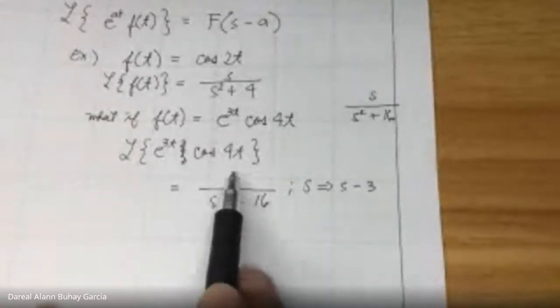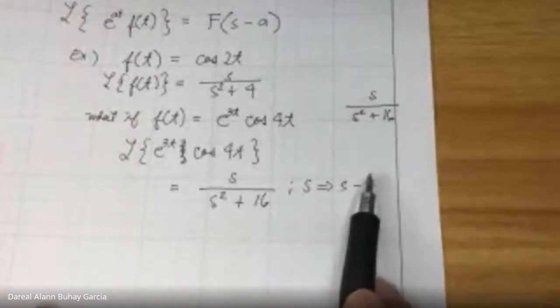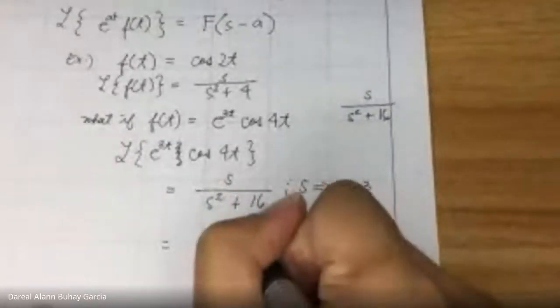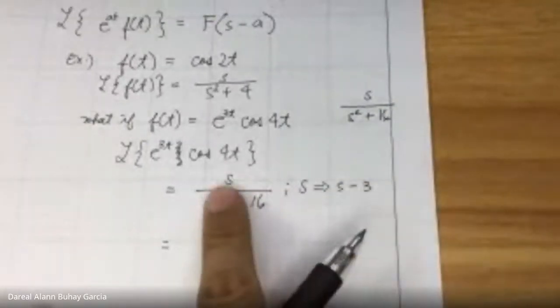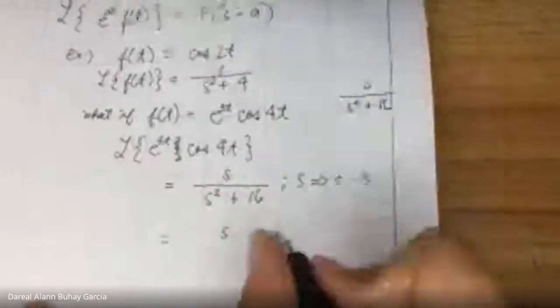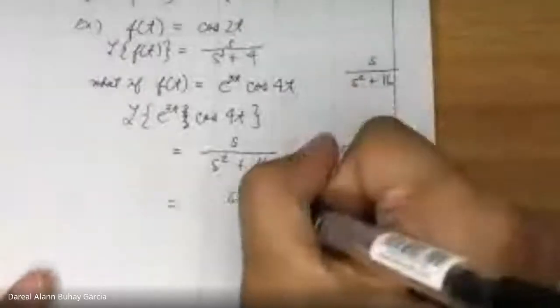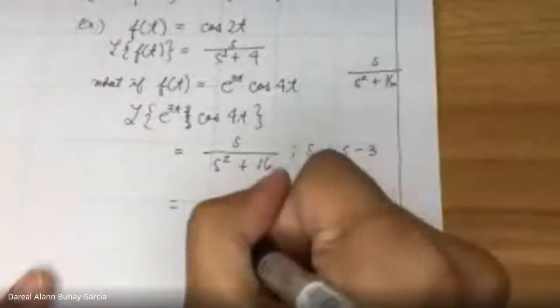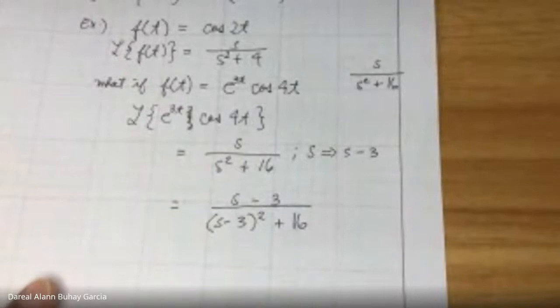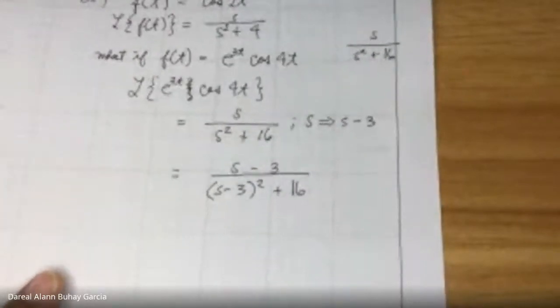So all of the s's are changed to s minus 3. Okay? So this becomes, instead of s, to compensate for e to the power of 3t, s minus 3 over s minus 3 squared plus 16. Okay?